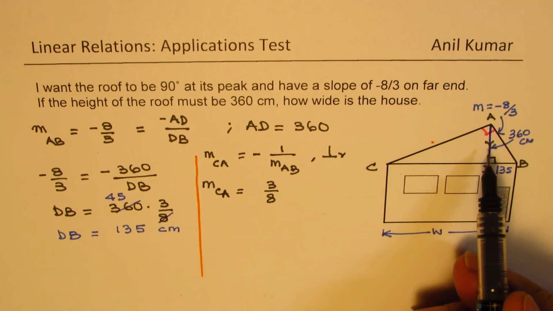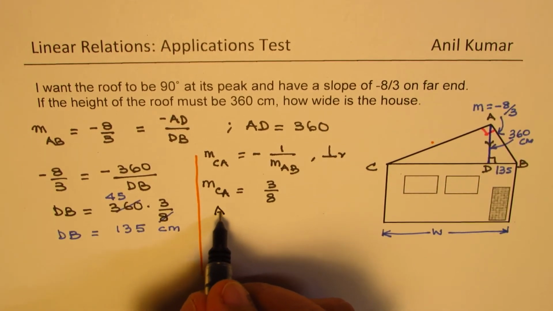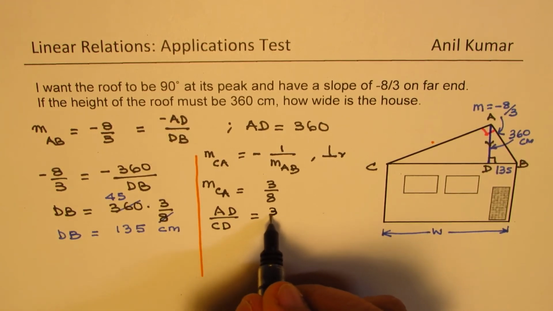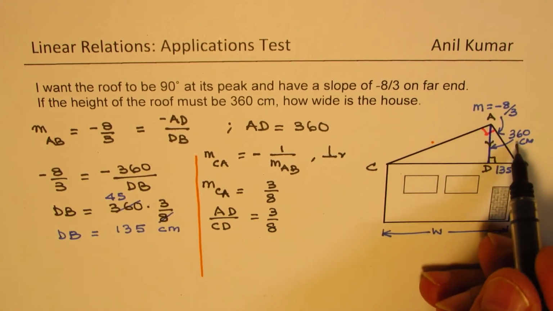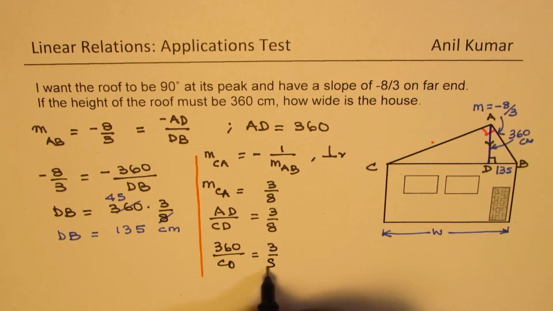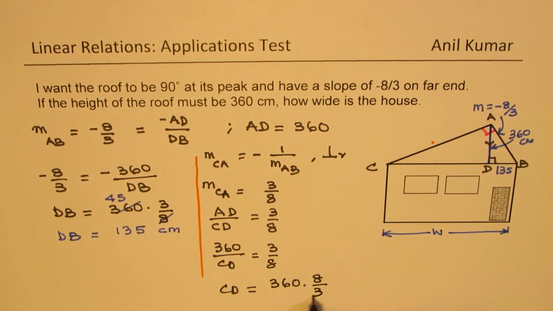A slope of 3 over 8 means AD over CD. So we have AD over CD equals 3 over 8. AD is 360 over CD is 3 over 8. So from here we can find what CD is. That gives us CD equals 360 times 8 over 3, correct?